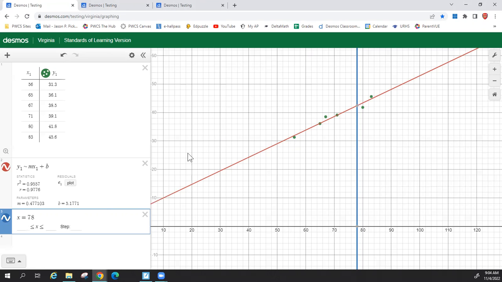You can see it intersects our line of best fit, and we can click that point. The X value is 78, and that tells us the Y value is 42.391. This is like plugging 78 into our equation to get a Y value.